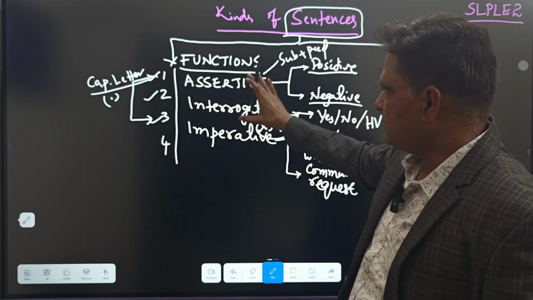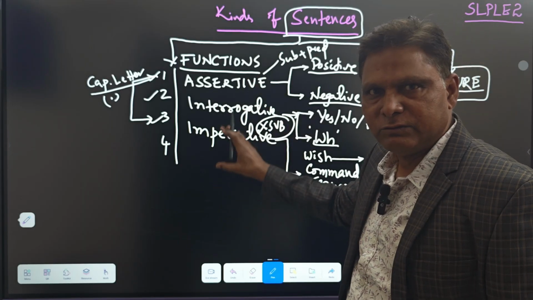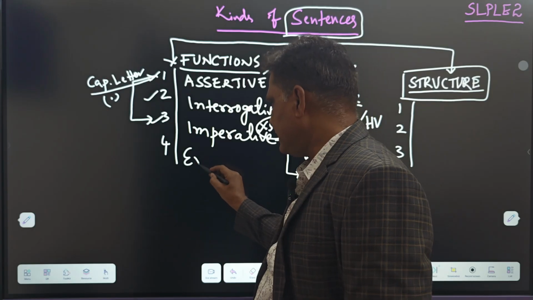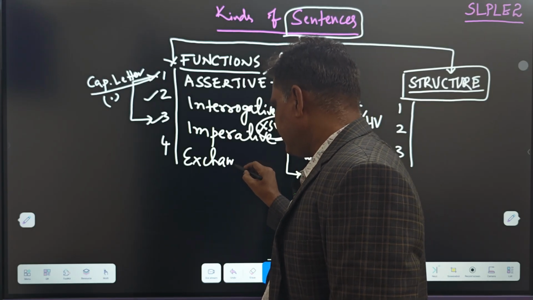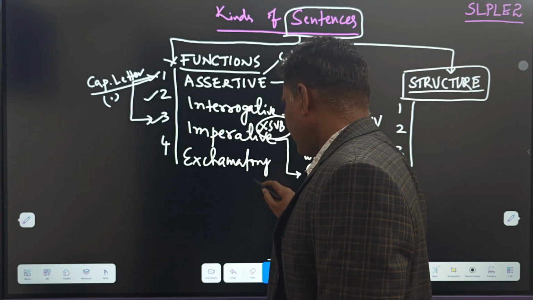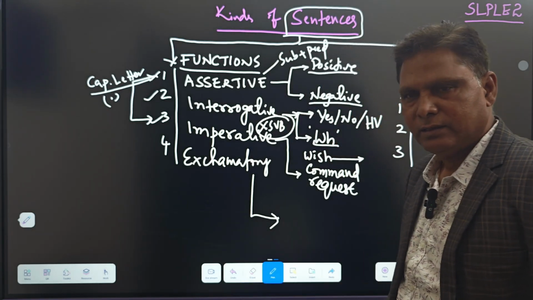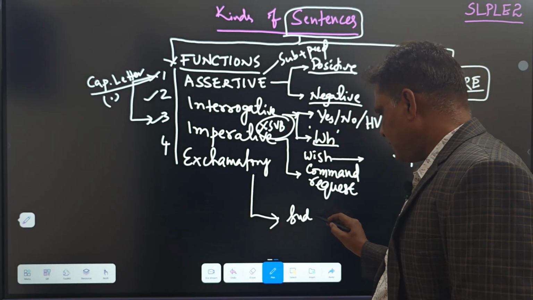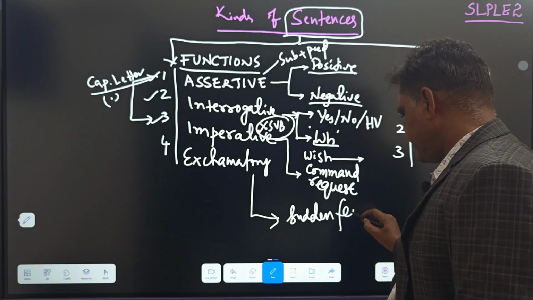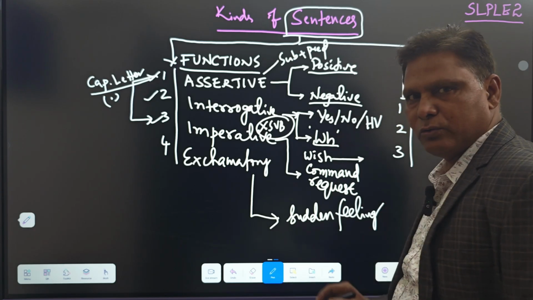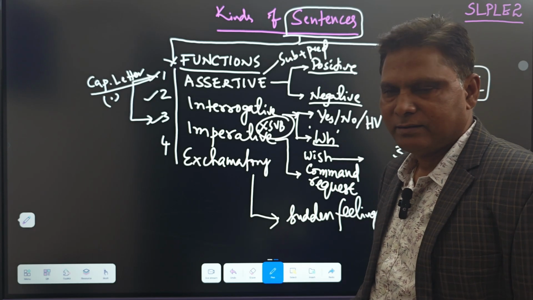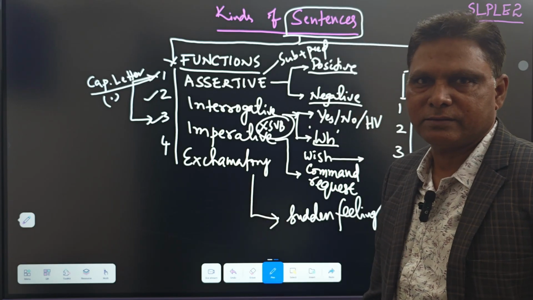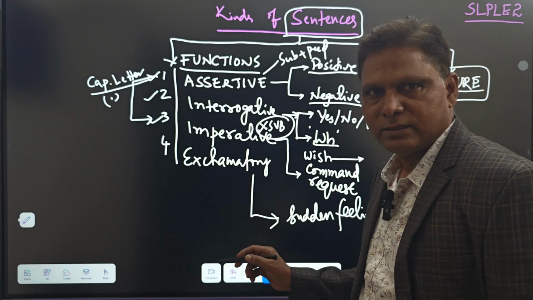But for now, these are the three types of sentences with function, and the last one is exclamatory sentence. And what is the function of this one? To express some sudden feelings. Oh, what a pity. Some sudden feelings. What?